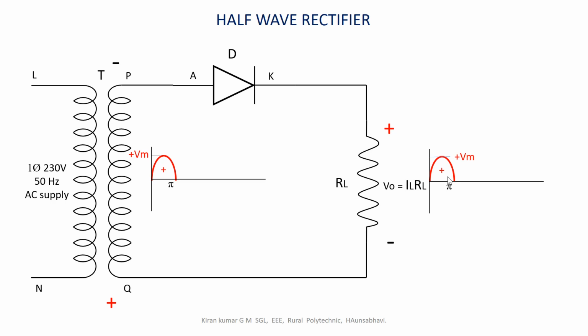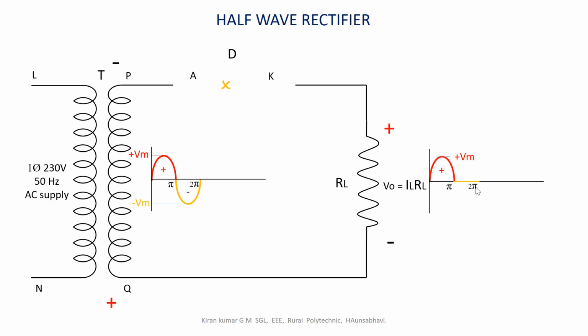This polarity makes the diode D reverse biased, acting like an open circuit, and it will not conduct during this negative half cycle of the input from pi to 2 pi radians. Due to the absence of load current through RL, V0 will be equal to 0 from pi to 2 pi radians, as seen in the output waveform plot.